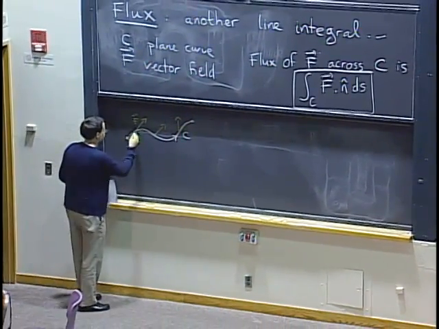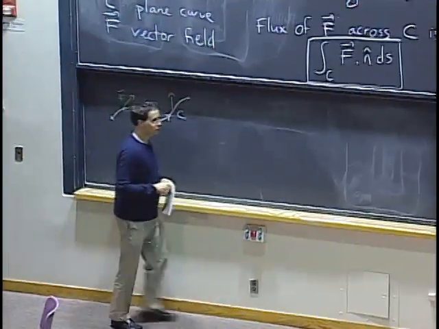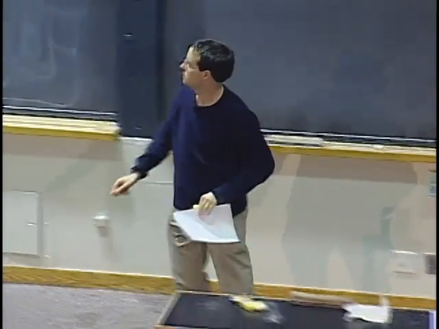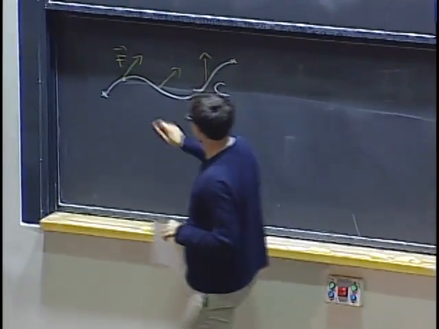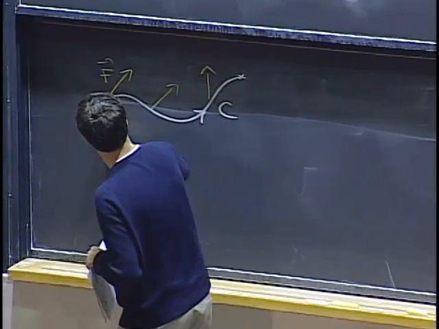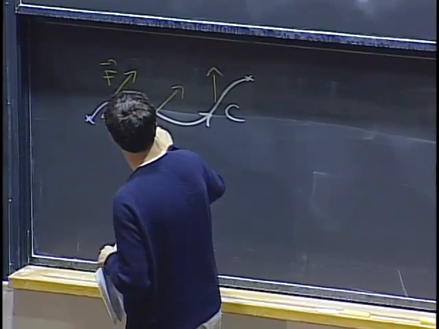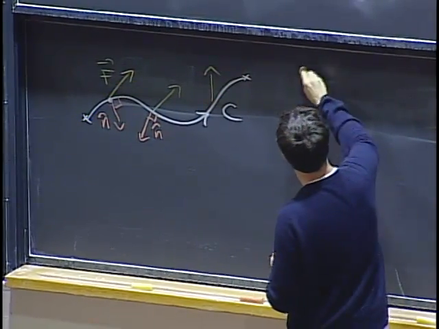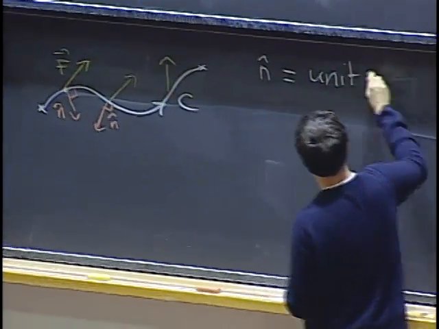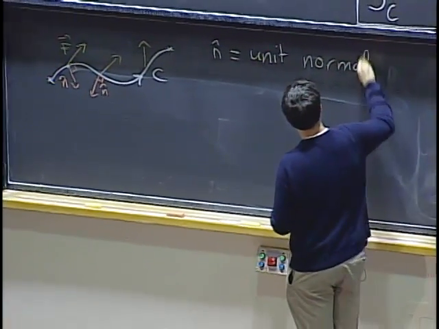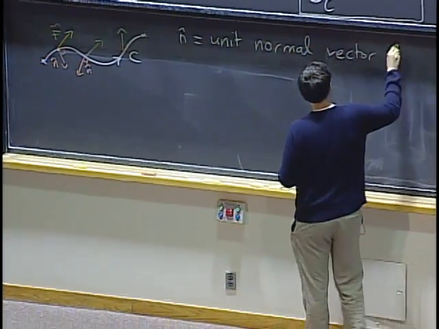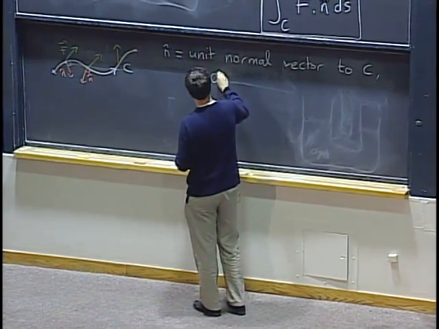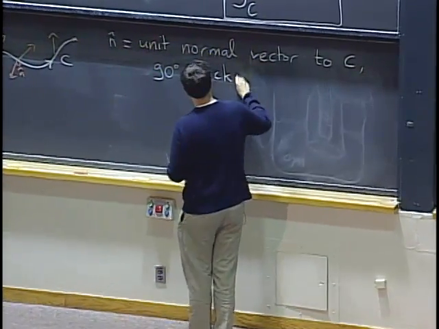That means a vector that's at every point of the curve perpendicular to the curve and of length 1. So n everywhere will be the unit normal vector to the curve C, pointing 90 degrees clockwise from T.